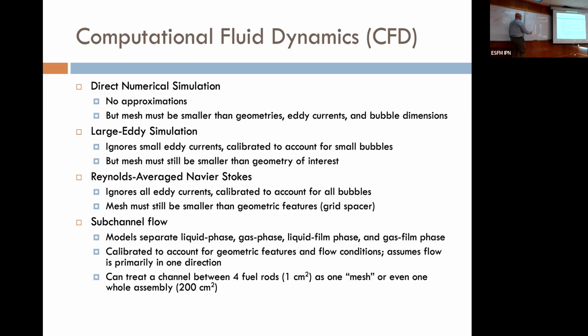But if I just approximate this geometry as this, then my mesh cells could be a whole lot bigger. And now I have a much easier problem to solve because I have larger mesh cells. So I start approximating what my geometry looks like to make the problem easier to solve, because those grid spacers, those geometric features, need to be resolved or accounted for.